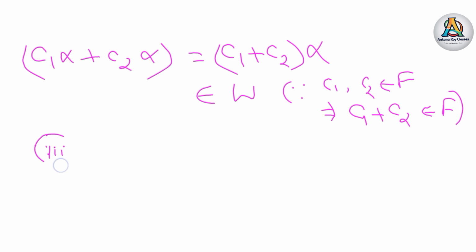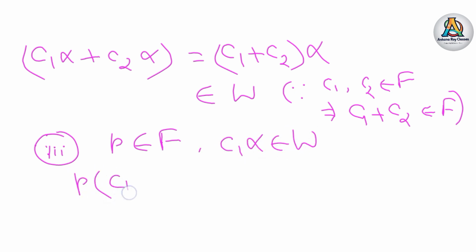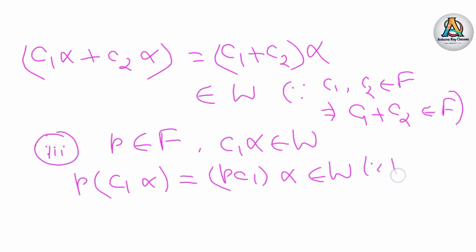Now, number 3, let P be a scalar and C1 alpha belong to W. Then P C1 alpha is equal to P C1 of alpha, which belongs to W, since P belongs to F and C1 belongs to F also.